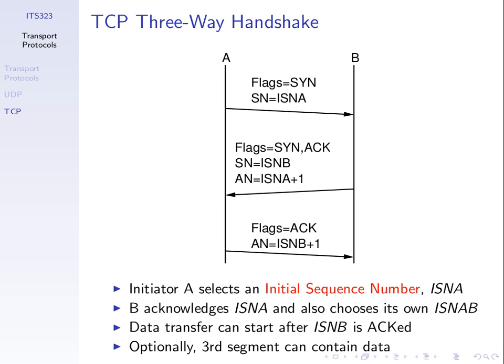And that's the normal way to set up a TCP connection. After that, they can start sending data, starting with the values, in our case, 317 and 1050. That is, the first data that A sends to B will have sequence number 317, and that B sends to A would be 1050. They use independent sequence numbers in each direction.